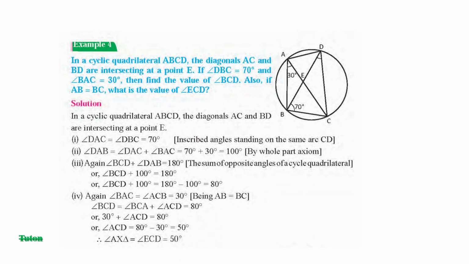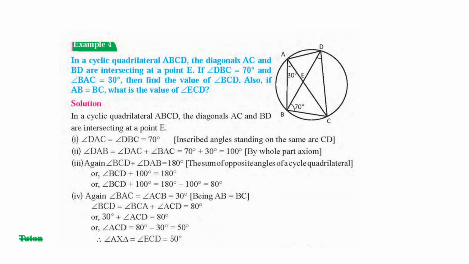Now let us move on to example 4. In cyclic quadrilateral ABCD, the diagonals AC and BD are intersecting at a point E. If angle DBC is equal to 70 degrees and angle BAC is equal to 30 degrees, then find the value of BCD, and also if side AB is equal to BC, what is the value for angle ECD?